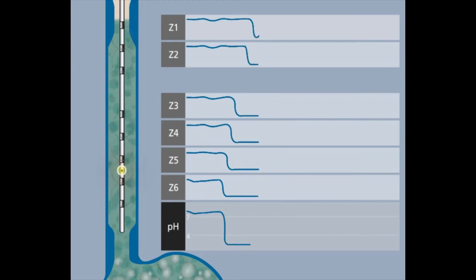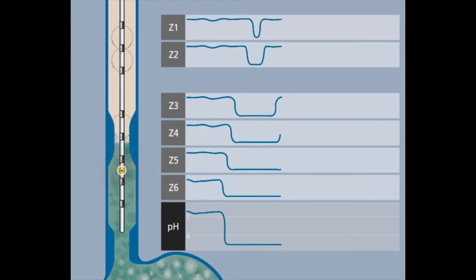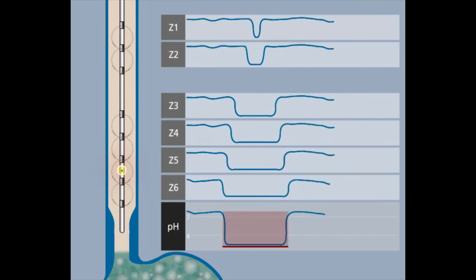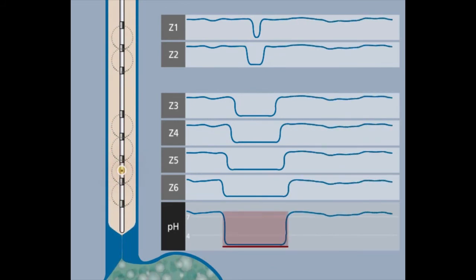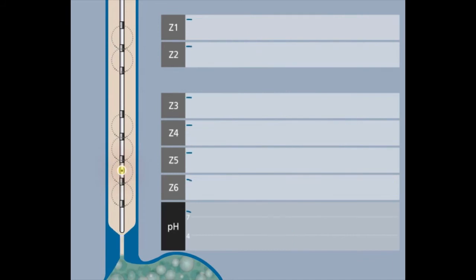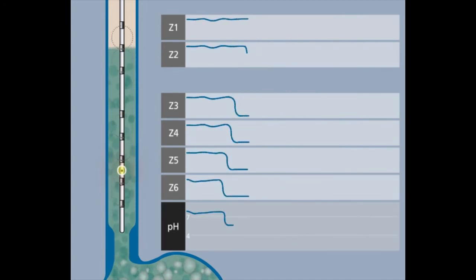When the pH value is lower than 4, this is an acidic reflux episode. When the pH stays above 4, this is a weakly acidic reflux episode.